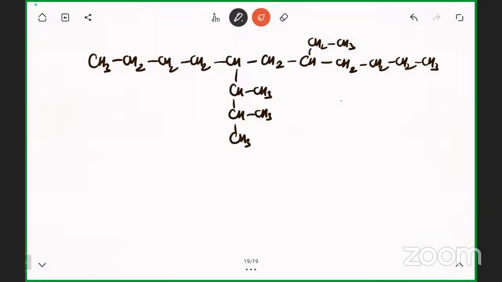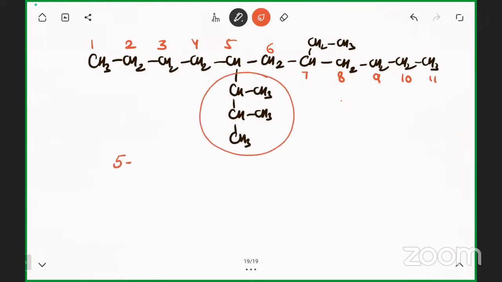I'm doing the nomenclature. 1, 2, 3, 4, 5, 6, 7, 8, 9, 10, and 11. Name of this compound. We have earlier done the 5th position.